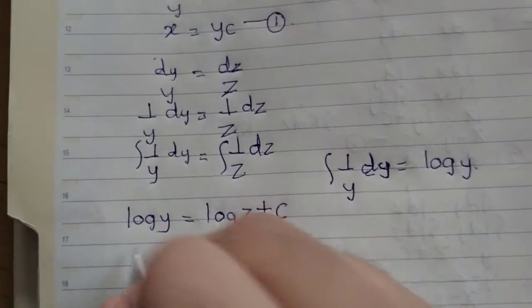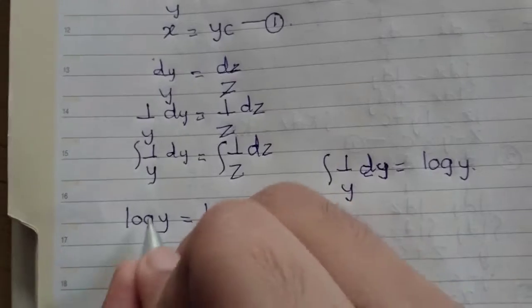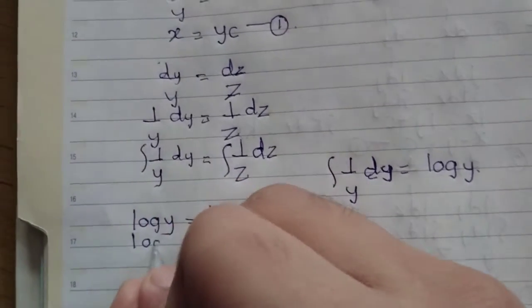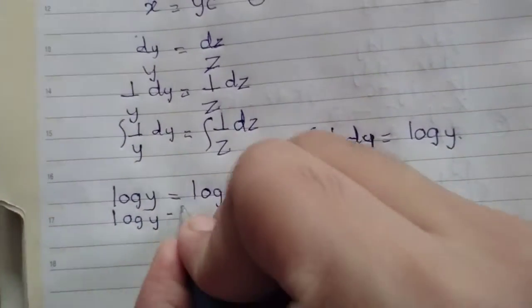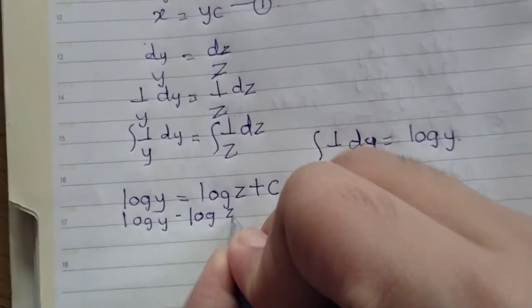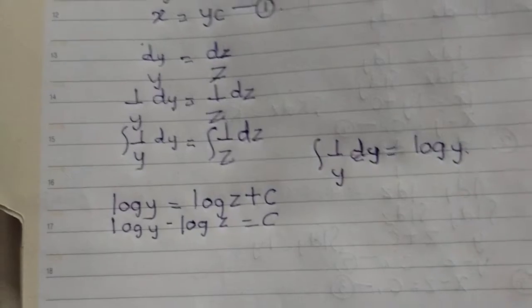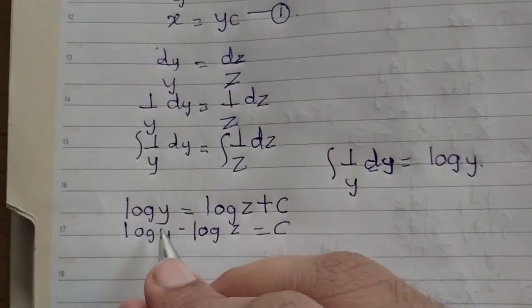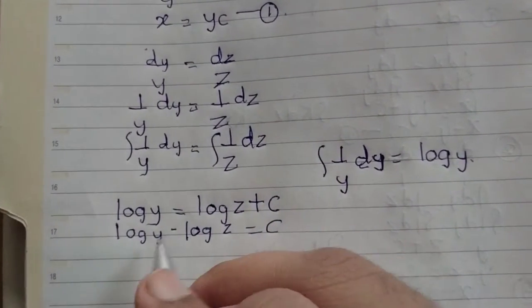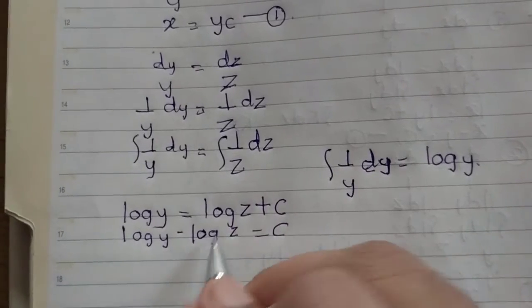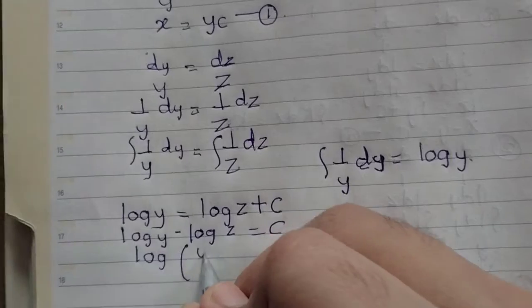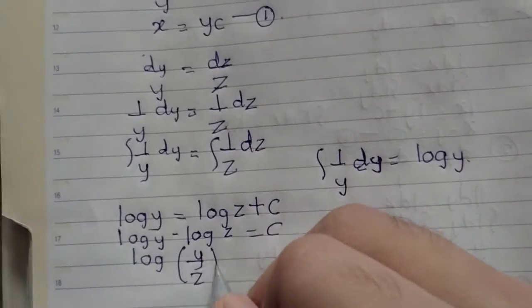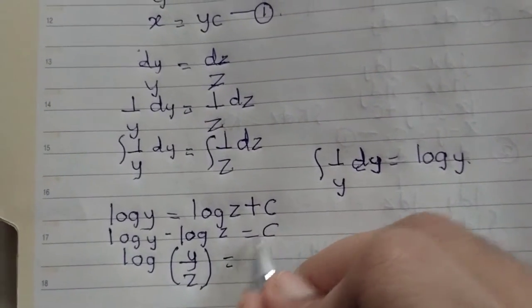Now shifting log z to the left side, we get log y minus log z is equal to c. Now as you have seen previously, log a minus log b is equal to log a upon b. Here a is y and b is z, so we'll get log y upon z is equal to, again we can write log c.